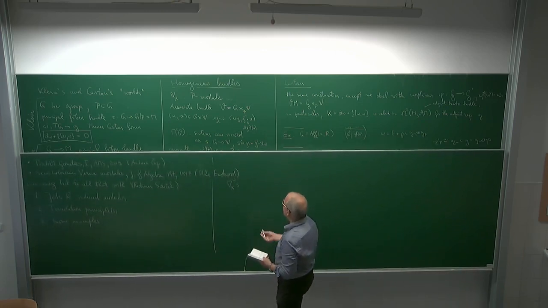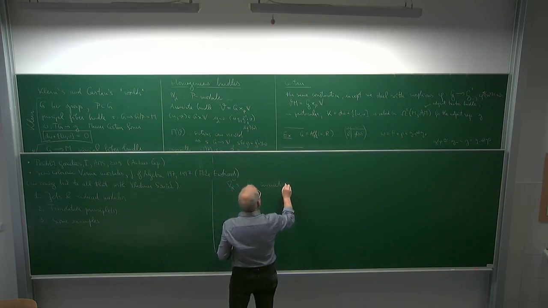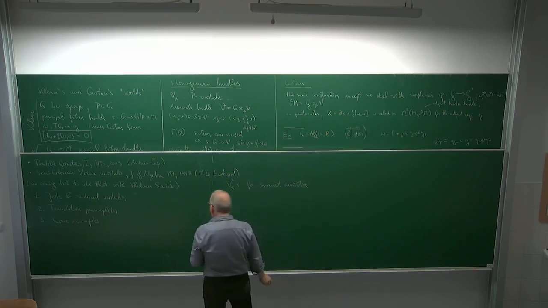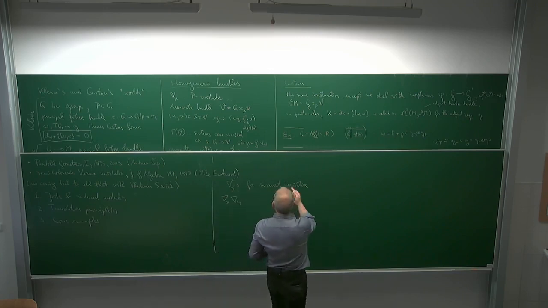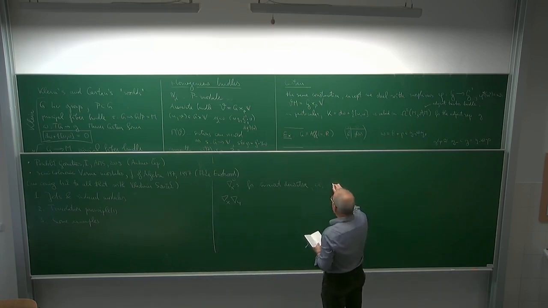So what does it mean for the invariant derivative, if we say nabla x, nabla y? So s goes to omega minus 1 of x acting on s.